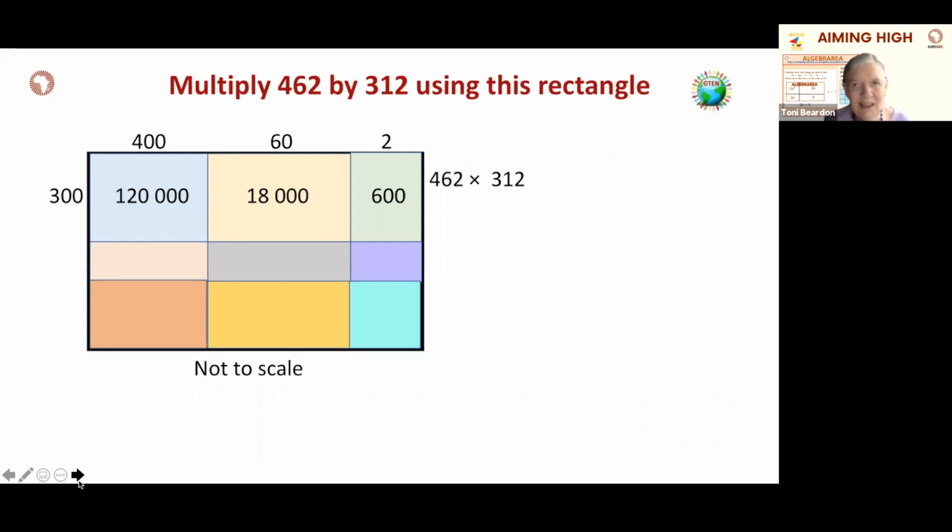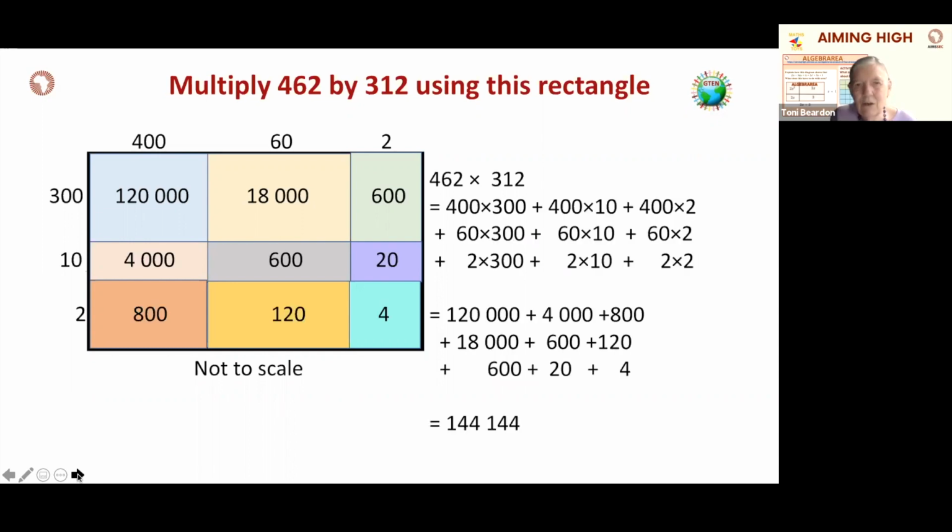No algebra yet, but once we begin to generalize it, we'll have some algebra. There you go, you add all those totals, and it's a lovely number. I like 144,144 is the answer. A neat way to do long multiplication.